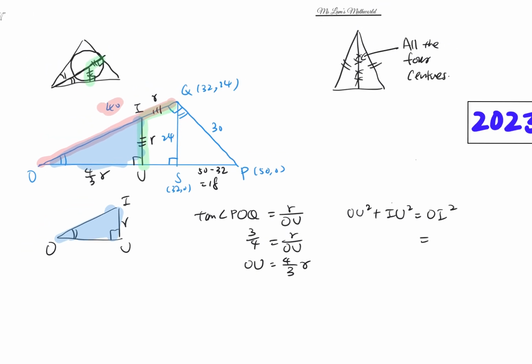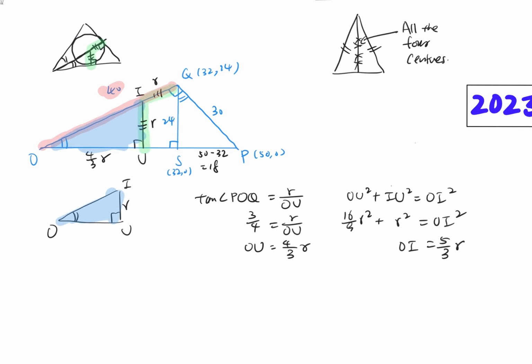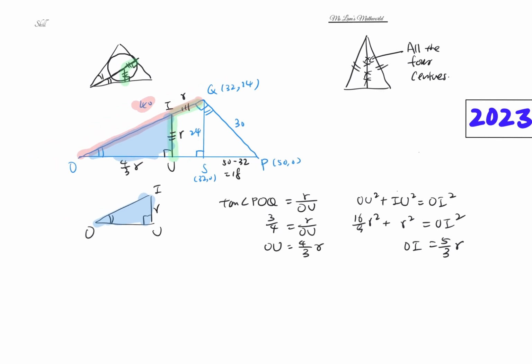So you get 16 over 9 r square plus r square equals OI square. So OI equals 5 over 3 r. Okay. So we have found the value of OI, 5 over 3 r.